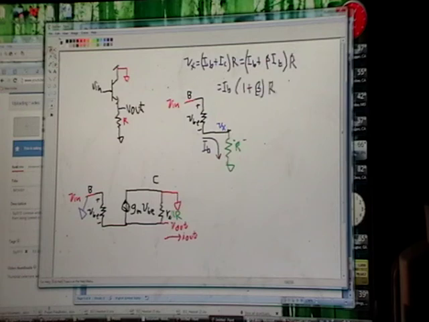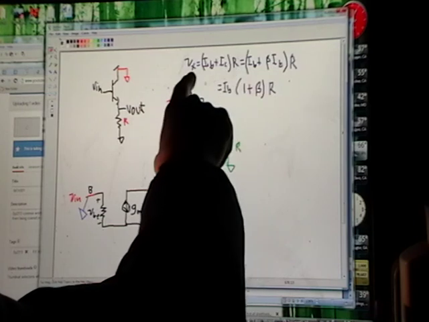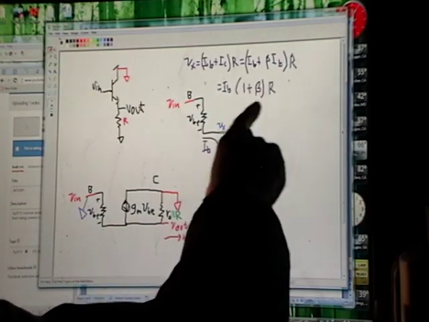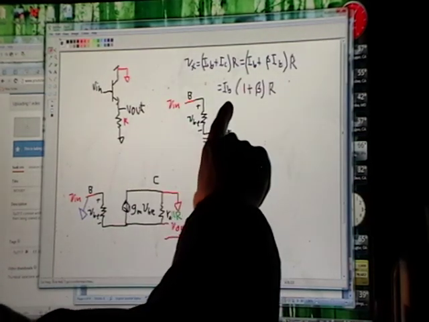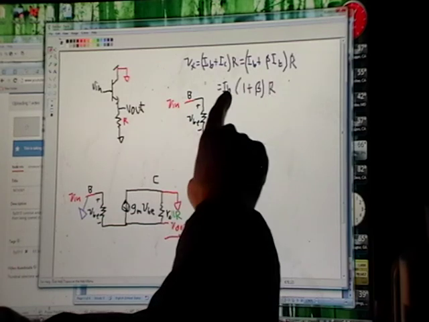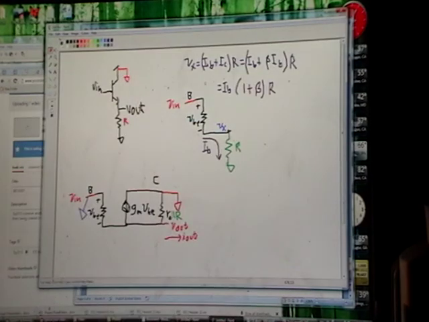Okay, so let's see what this is saying. This is saying if I passed IB through a resistor of size R times (1 plus beta), I'd get Vx. If I pass IB plus IC through a resistor of size R, I get Vx. But going through the math, this thing right here will still equal Vx. If I had a resistor of size R times (1 plus beta) and a current of IB through that resistor, I'd still get Vx.